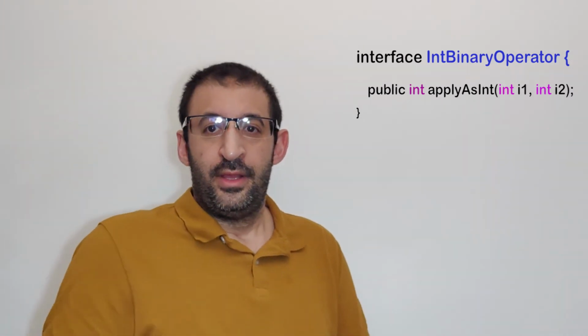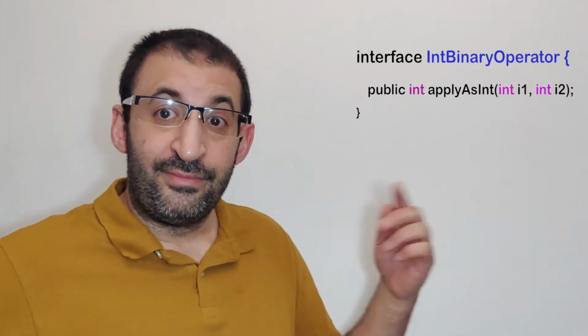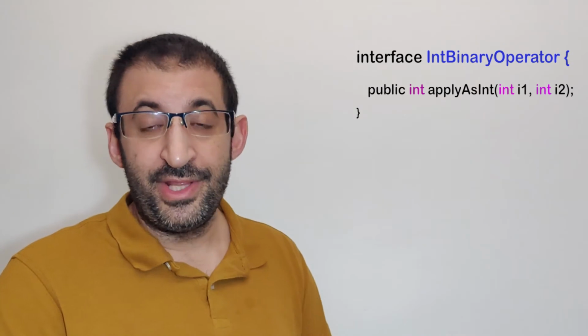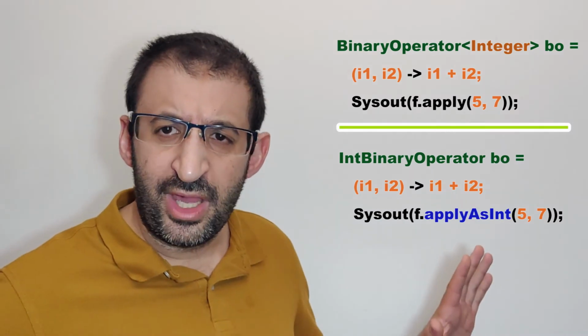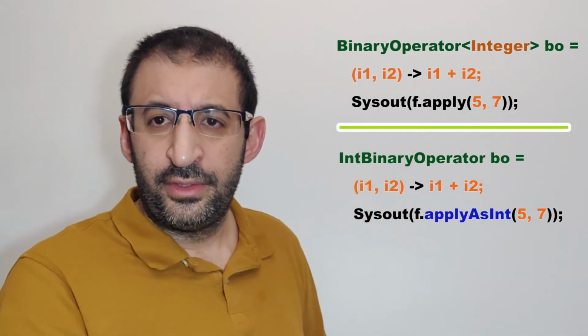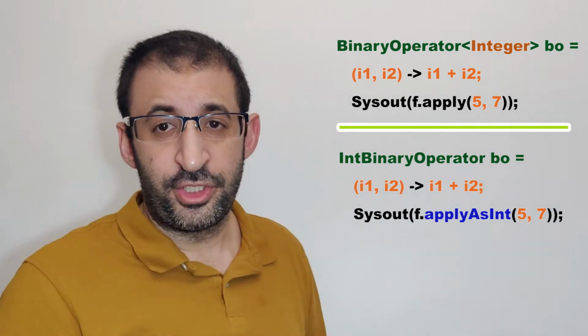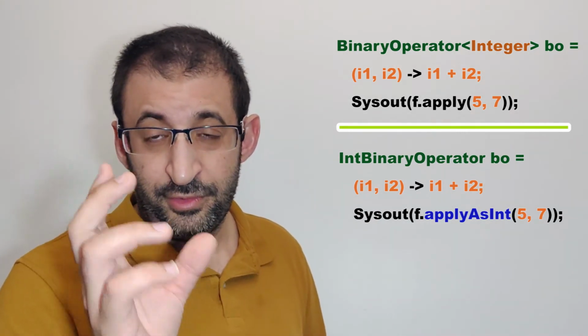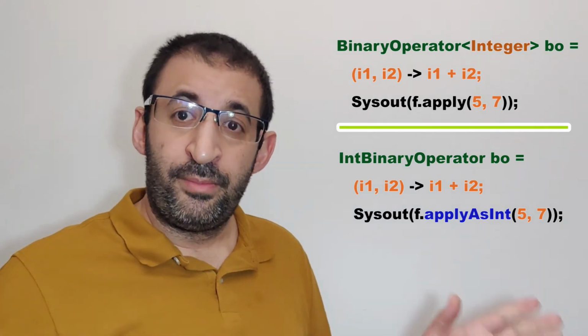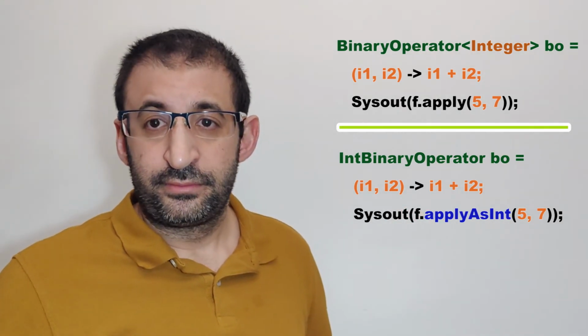Okay, so if I want to rewrite my previous example to make the sum between two int values with IntBinaryOperator, it will be like this: IntBinaryOperator without any input type or return type, f equals, same as the expression, between parentheses, (e1, e2) -> e1 + e2.